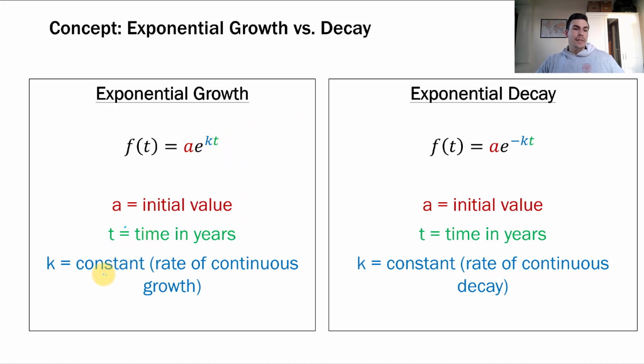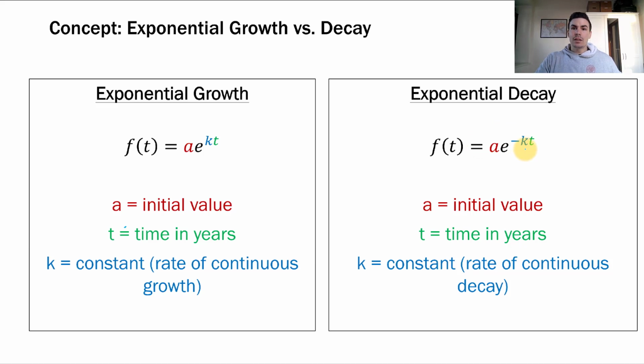And k is going to be a constant value here, and we are going to refer to that as either the rate of continuous growth or the rate of continuous decay. So if you are asked to find the rate of continuous growth or decay, you are looking for that k value. Just be aware of that.